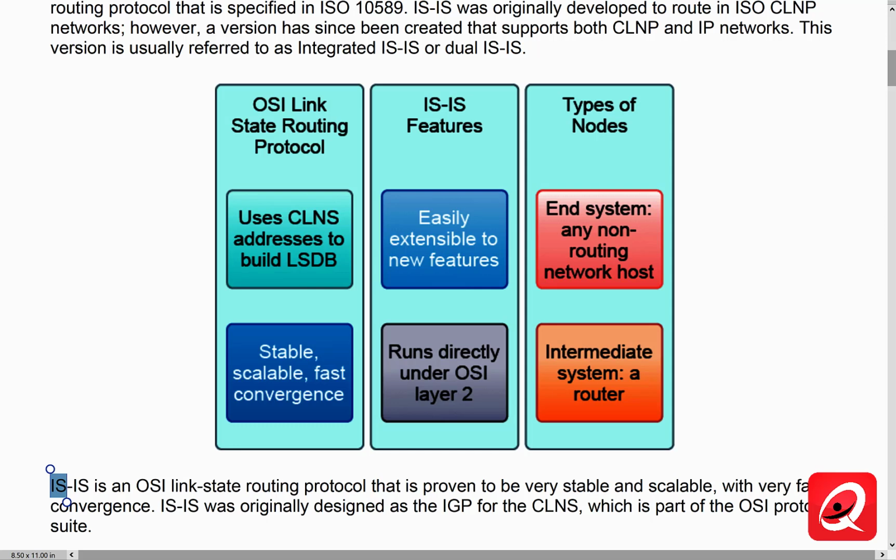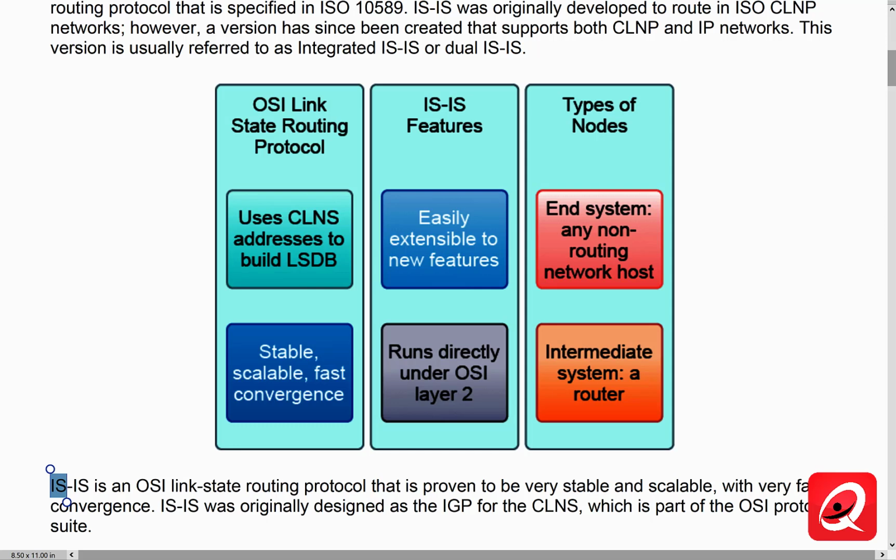So when we think of OSI, we think of the OSI model. But back then, ISO, the International Organization for Standardization, created something similar to IP and UDP, and that's where CLNP and CLNS come into play.